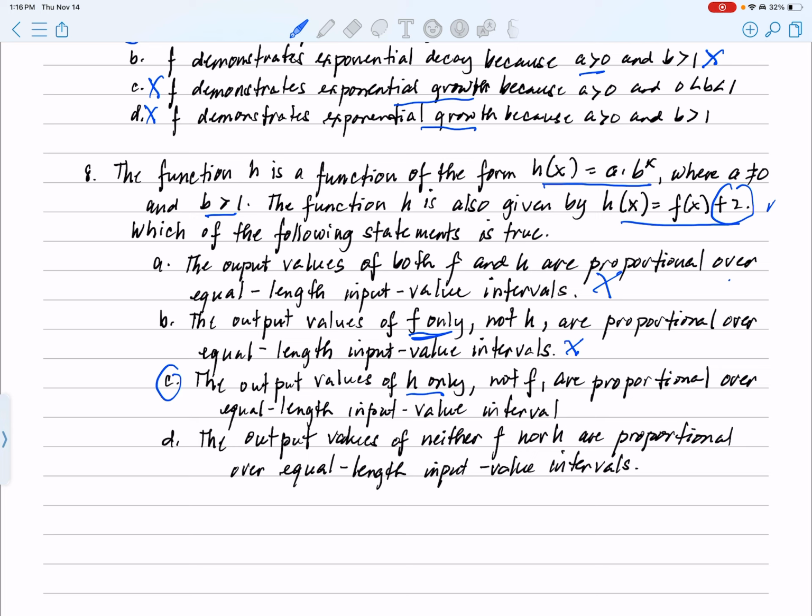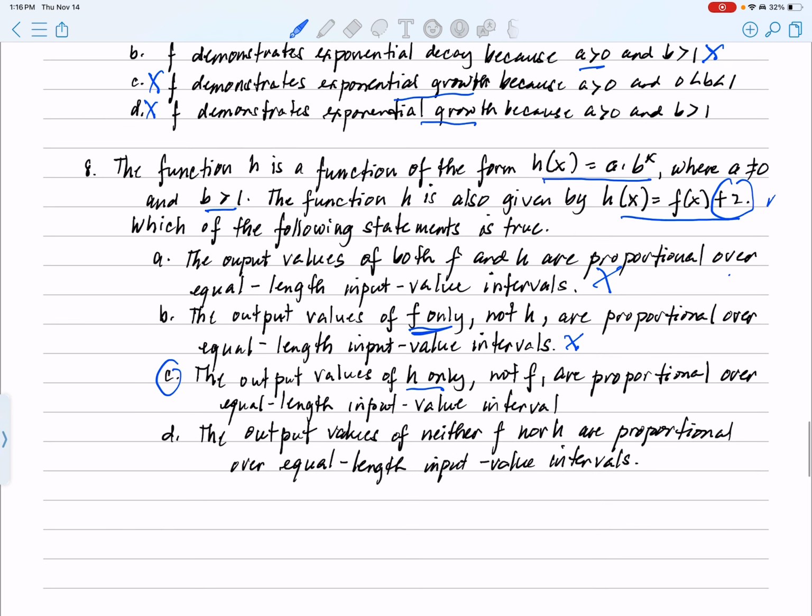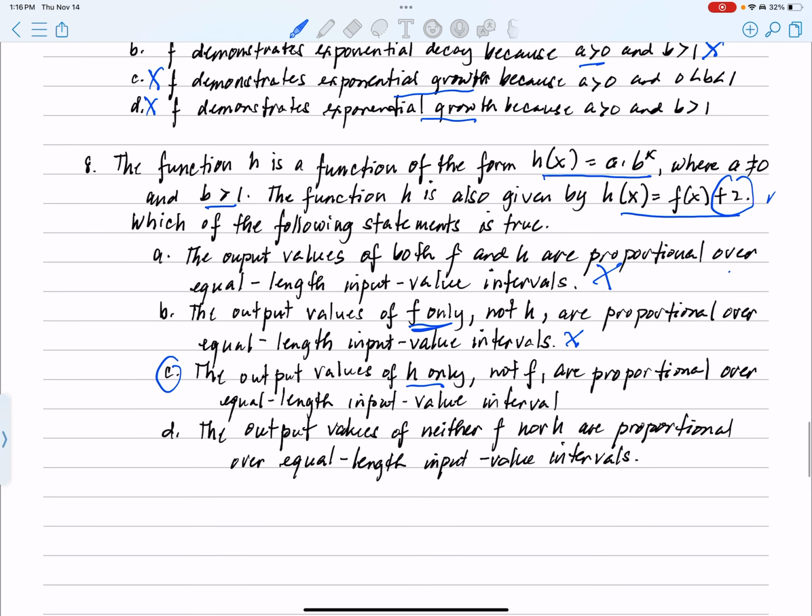Why? Since h of x equals a times b to the power of x, this means h is proportional. h is also the additive transformation of the function f.